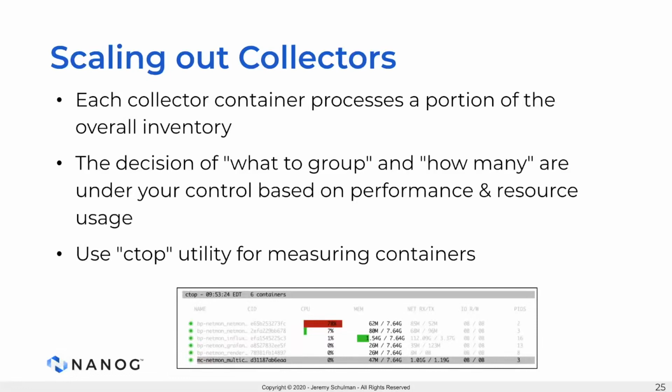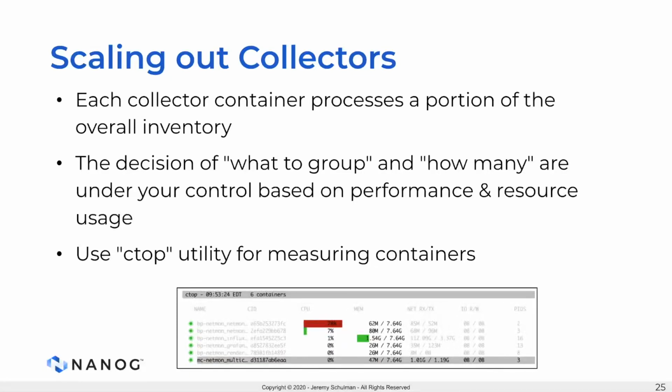I could say, put all of my core switches in one container, put all of my Hawkeye switches in another, or put these five ballparks in one container and these other five ballparks in another. Having that choice is important, because when you build something like this, you need to figure out how to scale out the server resources you're going to need. And you'll need a way to measure that, because it's a bit of art and science to figure out resource usage.